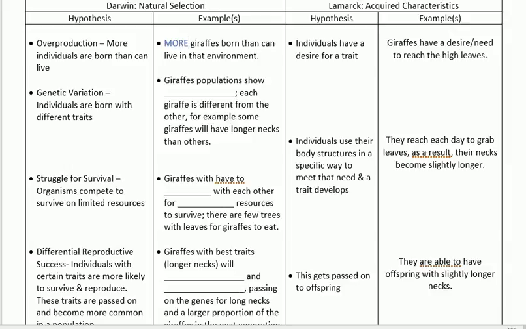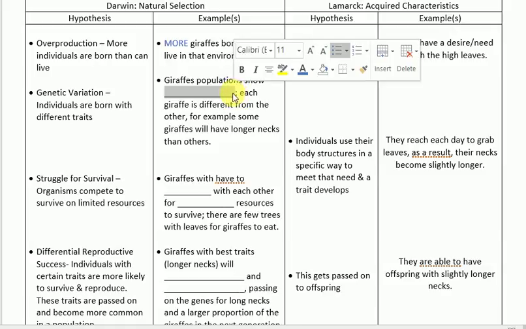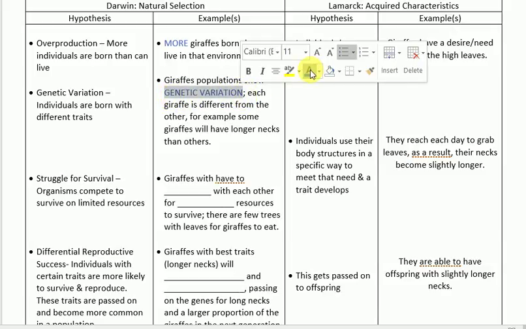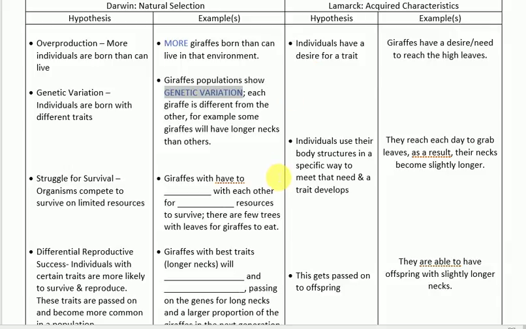The environment can only support so many. His next hypothesis was about genetic variation. Individuals are born with different traits. So the giraffe population is going to show genetic variation, and each giraffe is different from the other. So for example, some will have longer necks than others.